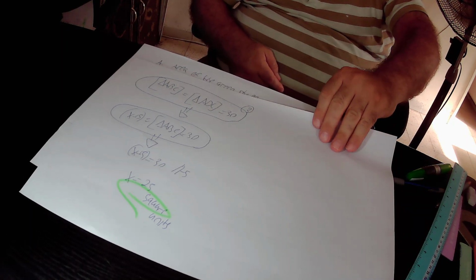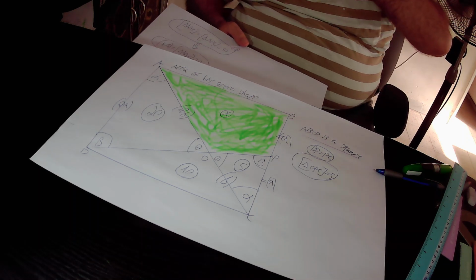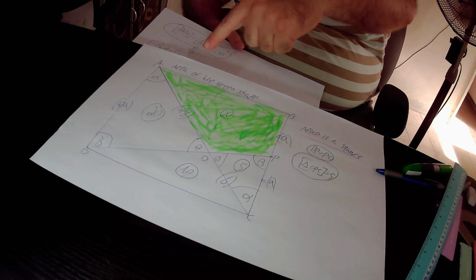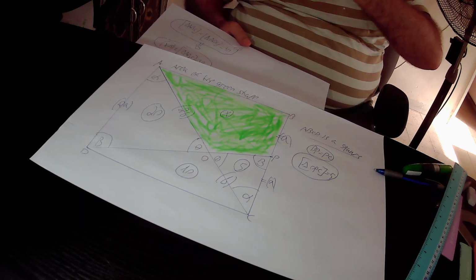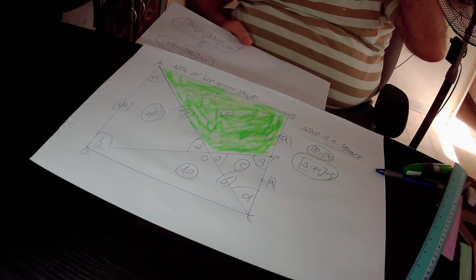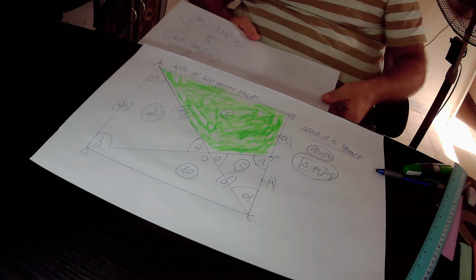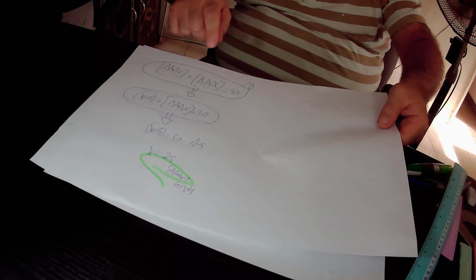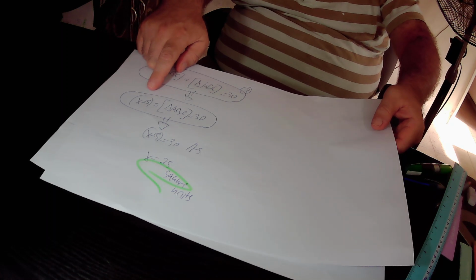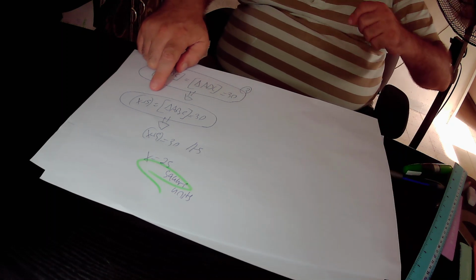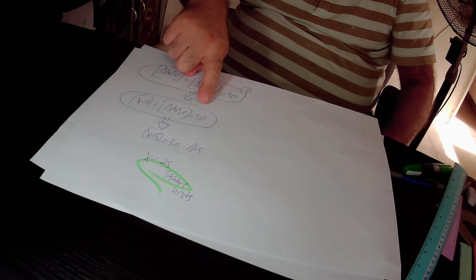From the other side, if we define the area of this ring shape as x square units according to our definition, then the total area of triangle ABC will be equal to x plus 5 square units. And from this equation, x plus 5 equals the area of triangle ABC, which equals 30 square units.